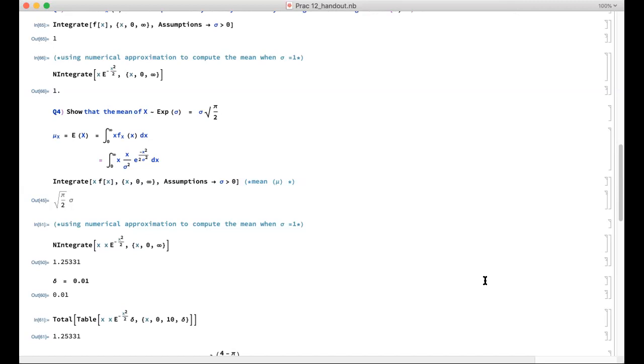Very good. Yeah, you can use by parts here. You could use by parts, or you could use the gamma function, like I've used substitution. All right, let me show you.